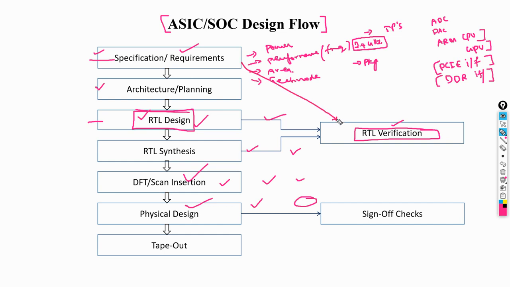Okay, against your spec. So they come up with their own test vectors and test benches, and then they try to ensure we are actually in line with the specifications.